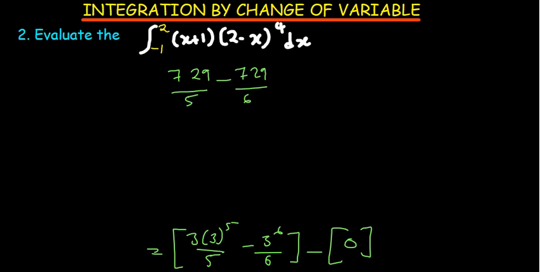So what is this going to give us when we work it out? 729 over 5 minus 729 over 6. So that is going to give us 243 over 10. And that is going to be the integral for that one.